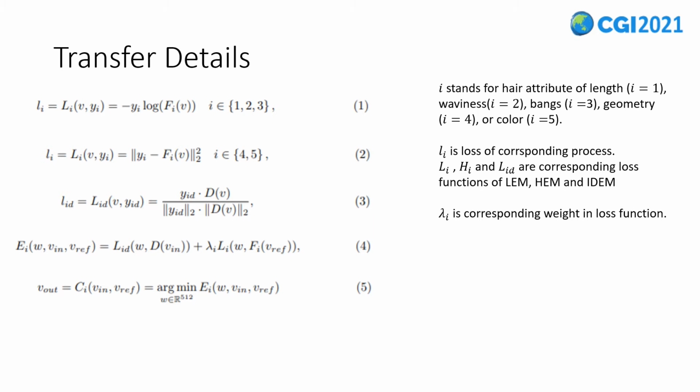Lambda R is the corresponding weight in loss function. In each part, we build an energy equation E with identity loss and corresponding attribute loss. With the energy equation, we optimize the portraits step by step.